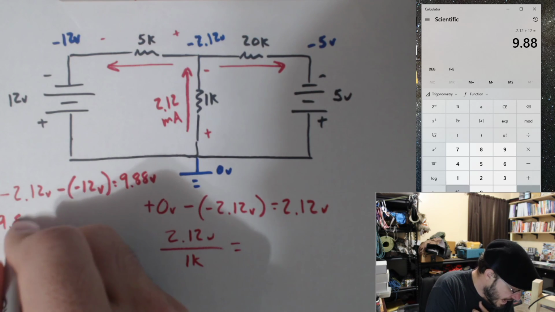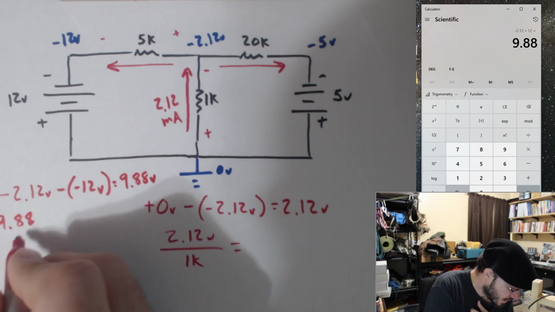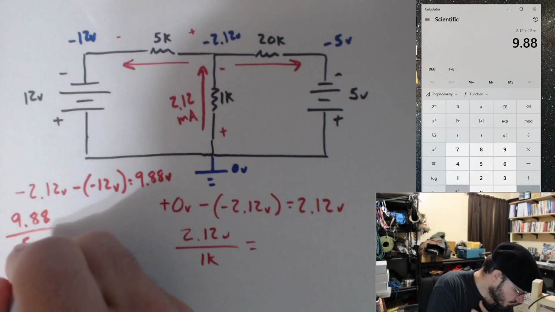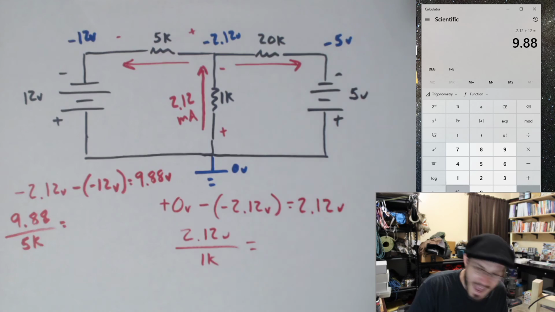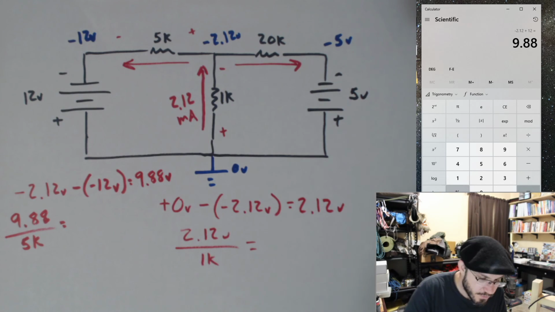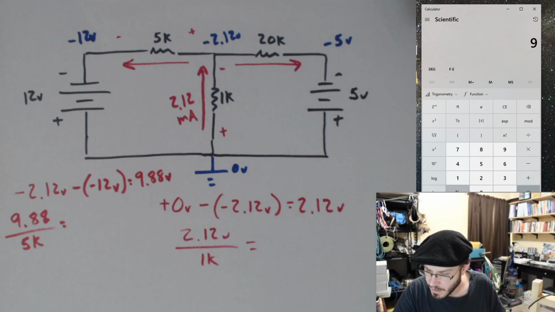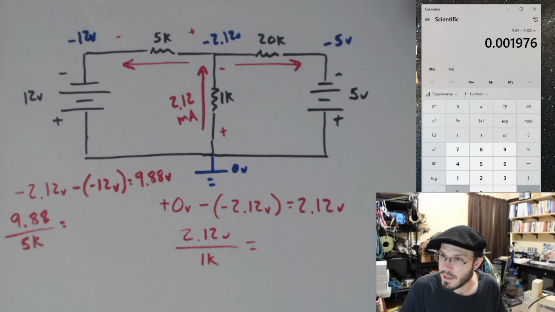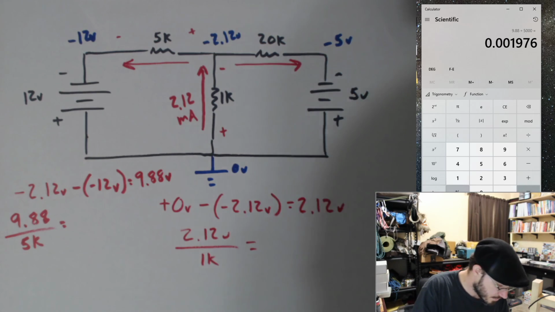So 9.88 divided by 5K equals my value of current. 9.88 divided by 5,000 gives me 1.976, 1.98.